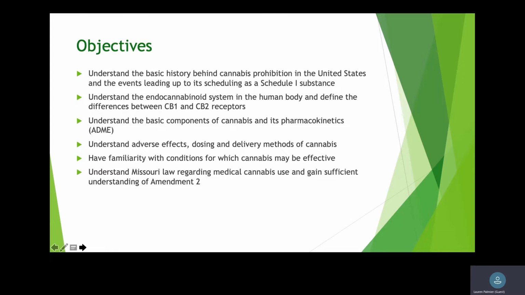I hope that you can understand the basic components of cannabis and its pharmacokinetics, the adverse effects, dosing, and delivery methods of cannabis, that you have familiarity with conditions for which cannabis may be effective, and that you understand Missouri's law regarding medical cannabis use and can gain sufficient understanding of Amendment 2.